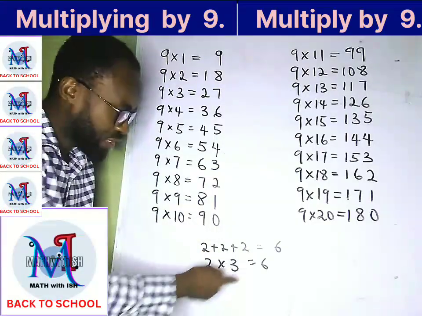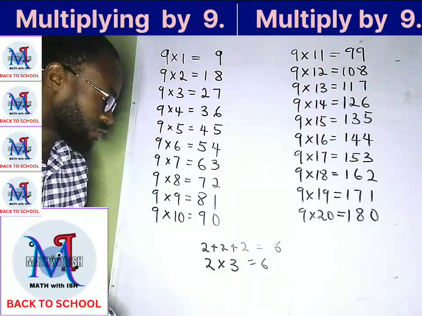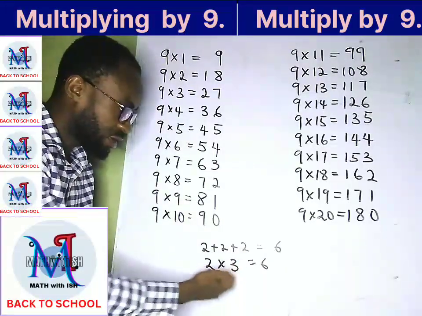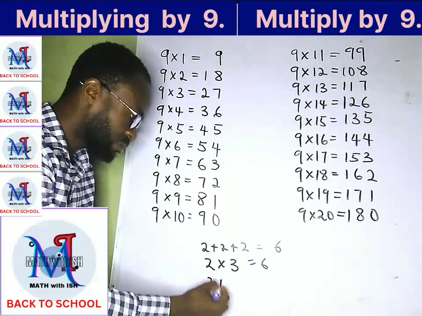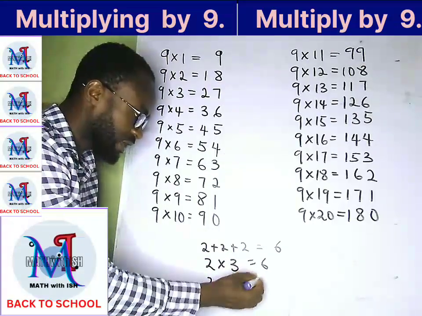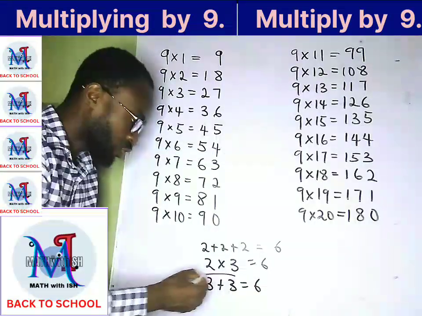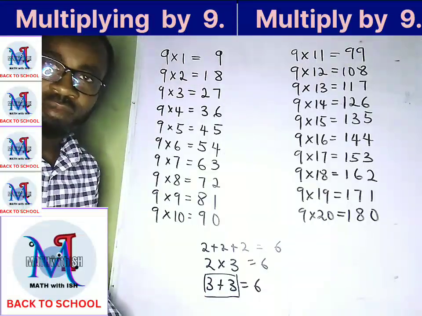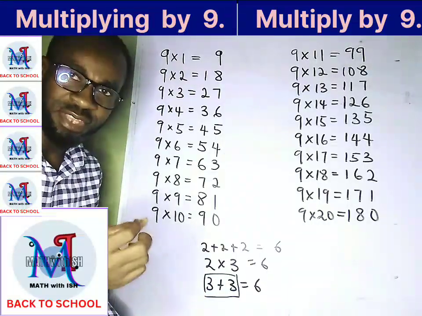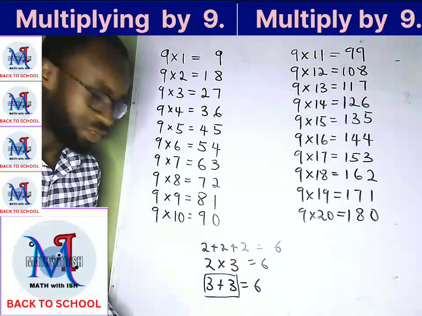And this can be commutative in the sense that it could also mean 3 repeating itself 2 times. So it could also be 3 plus 3, and that gives you 6. Whenever you hear the word multiplication, it came from the basic idea of repeated addition.